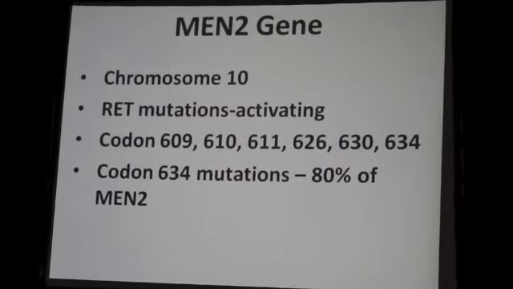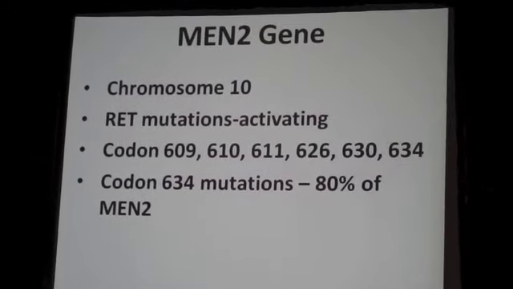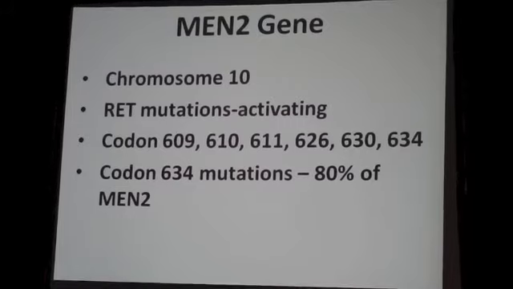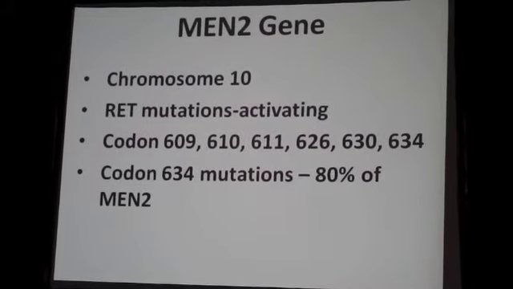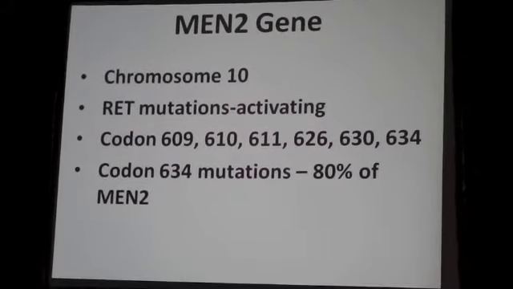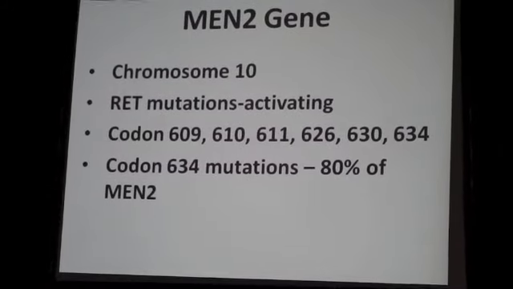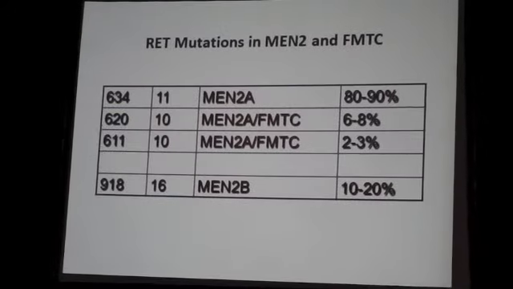The MEN2 gene is on chromosome 10, and RET mutations, which we alluded to before. One has different RET mutations, but there is a beautiful correlation between the phenotype and the genotype in terms of MEN2A and 2B, and Dr. Chen will elaborate on this more.